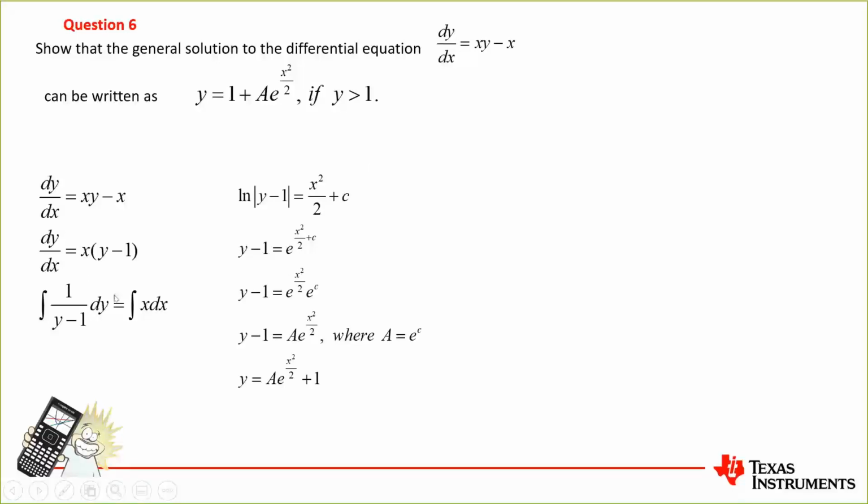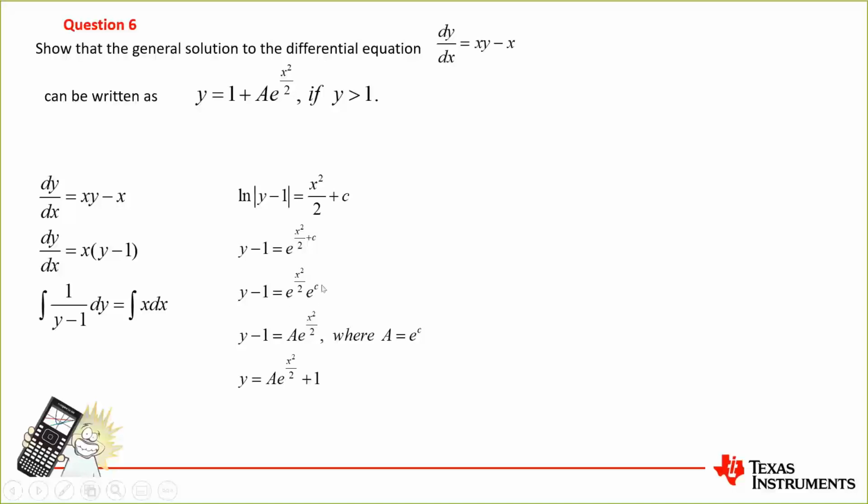Now everyone can integrate, refer to your VCAA Specialist Maths formula booklet: log e modulus of (y minus 1), change to exponential. So we get y minus 1 is e to the power of x squared on 2 plus c. And now here's the trick if we do it by hand. We need to write e to the power of (x squared on 2 plus c) as the product of e to the power x squared on 2 times e to the power c.